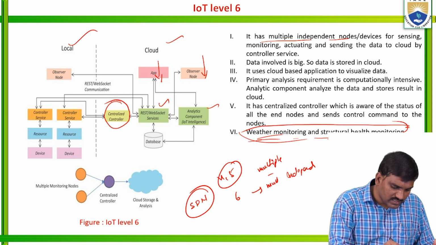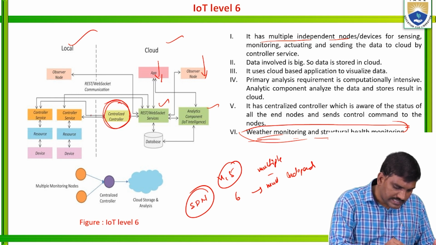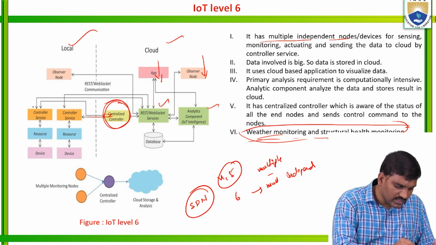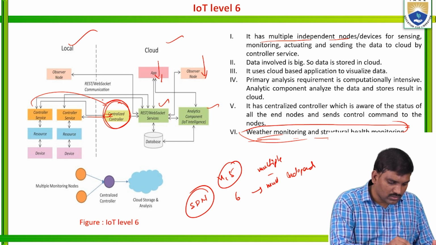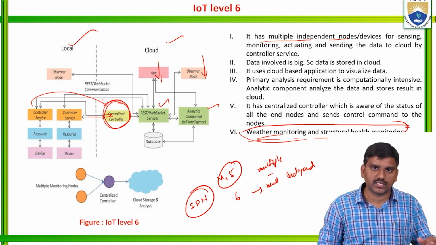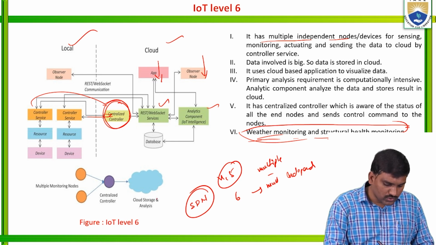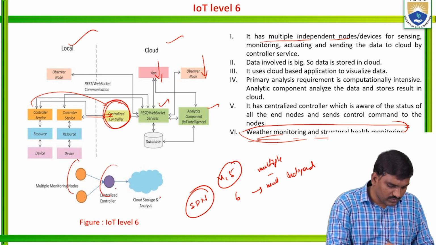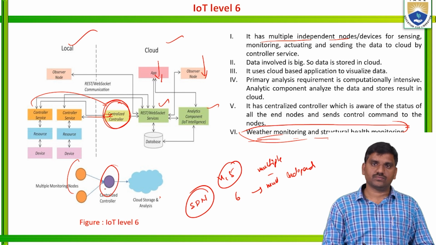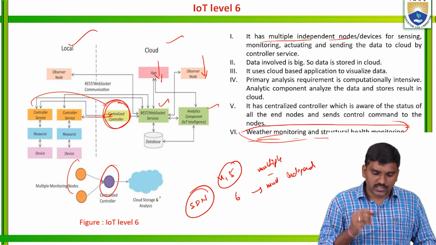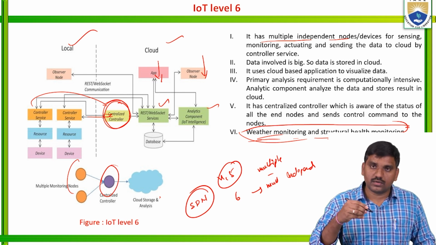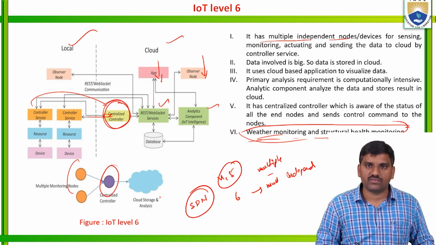So to monitor that, we have a centralized controller. The centralized controller is connected to control service 1, control service 2, like that it can connect. So in between cloud storage and analysis, monitoring nodes, we have a centralized controller also. This is the importance of IoT level 6.